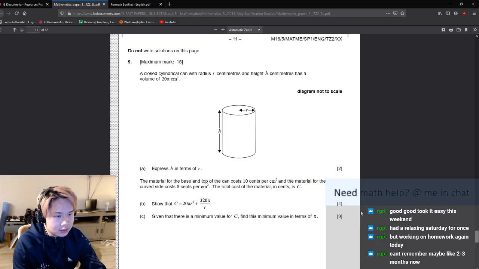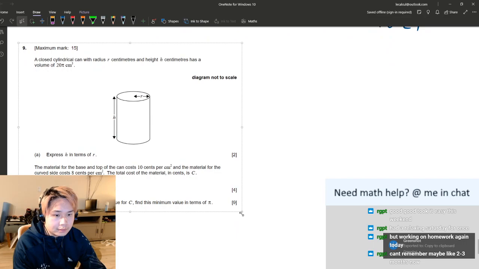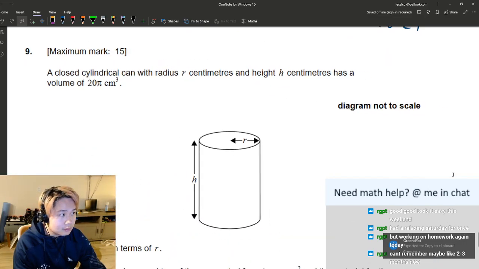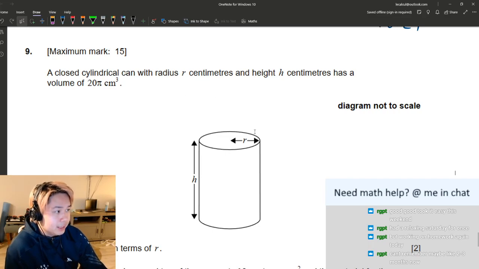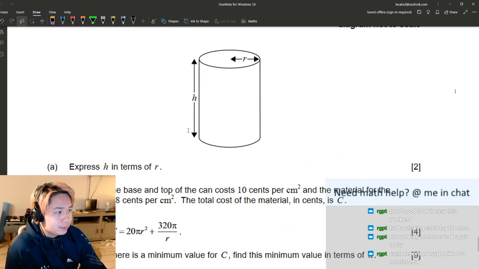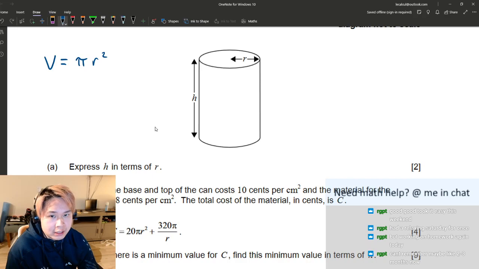I've done this question too before. So we have a cylinder with radius, height, and a volume of 20 pi. And then we need to express h in terms of the radius. Okay. So the volume of a cylinder is pi r squared times h.